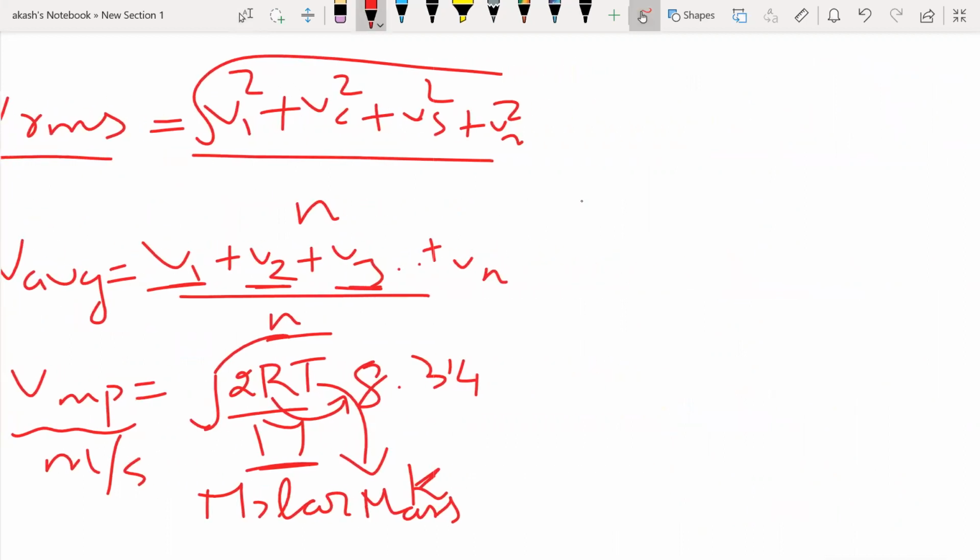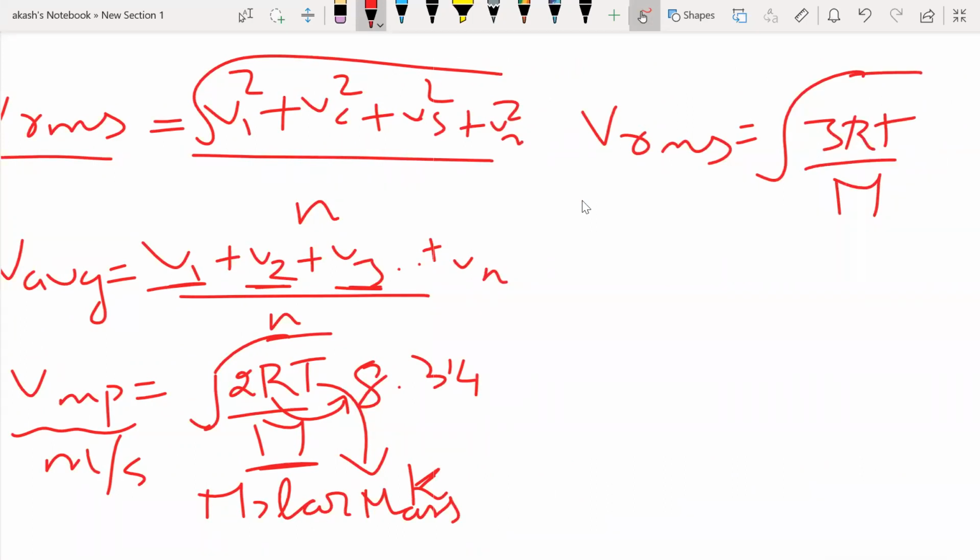Then your RMS is root of 3RT by M. So you can just remember root of 2RT by M for most probable velocity, and root of 3RT by M for RMS velocity. Average alone is going to be a little different.